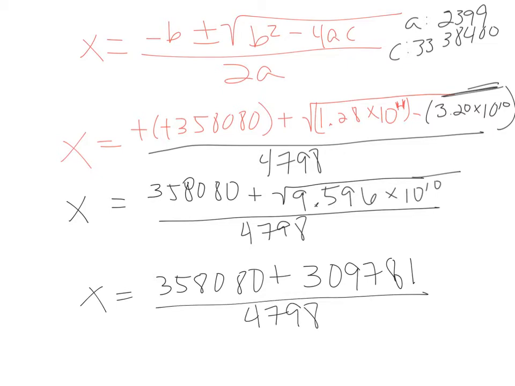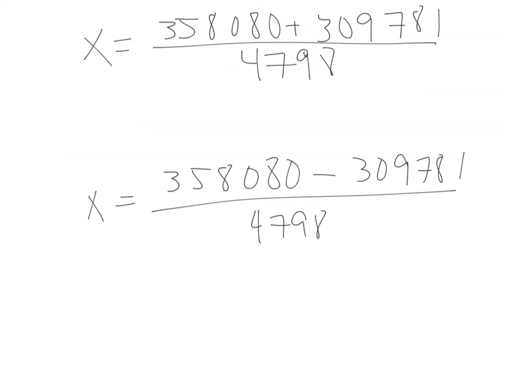Because the quadratic has the plus and minus of a square root, I can now figure out my two roots. So this is this plus 358,080 divided by 4,798, and this ends up being x equals 139, which is disturbing. I'm wondering if I made another mistake somewhere. Anyway, let's figure out this one.